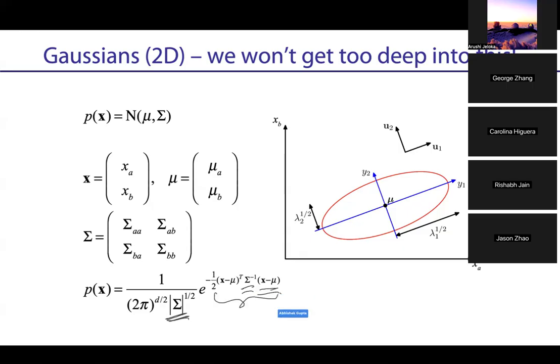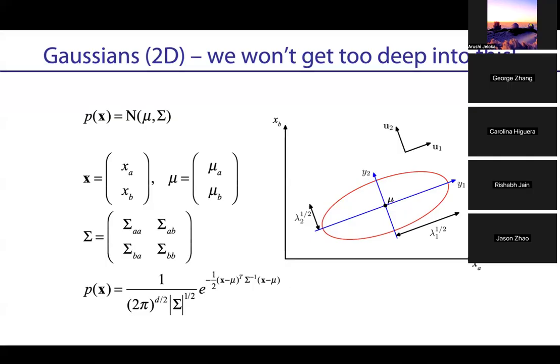You can think of this as the matrix form of the quadratic. When you have the quadratic, you had x minus mu, the whole squared, divided by 2 sigma squared. This is just the matrix form of that, and so this is just the matrix form of the Gaussian earlier.